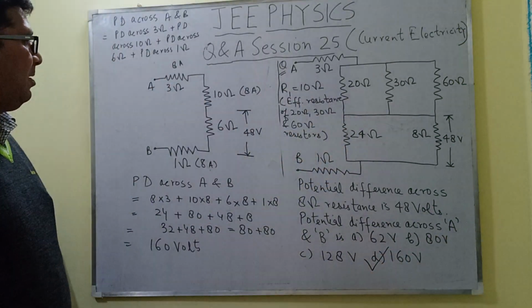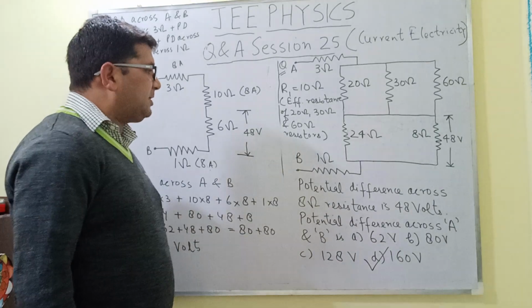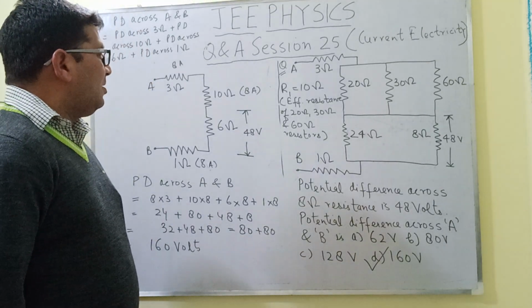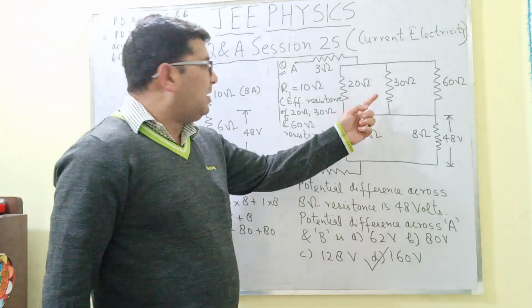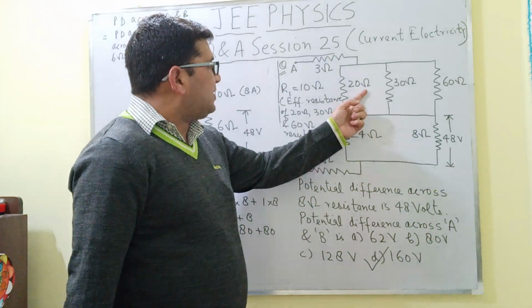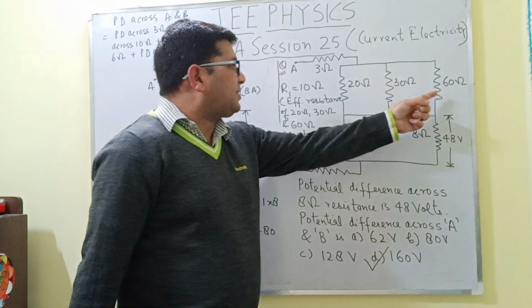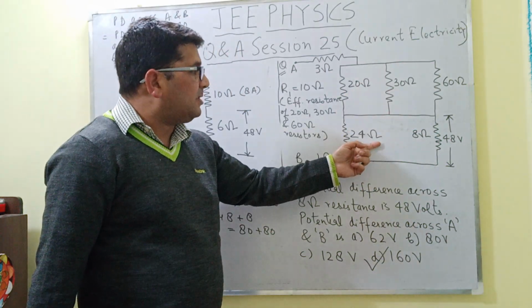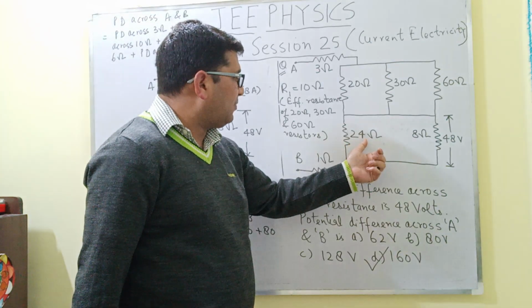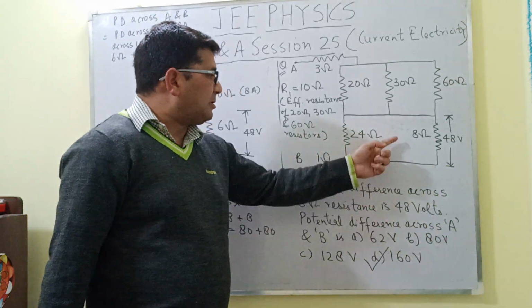So in this question, I think the most important thing was first of all we have to find the equivalent resistance of this 20 ohm, 30 ohm and 60 ohm resistor, because they are in parallel combination. Then we had also found the equivalent resistance of this 24 ohm and 8 ohm resistors also.